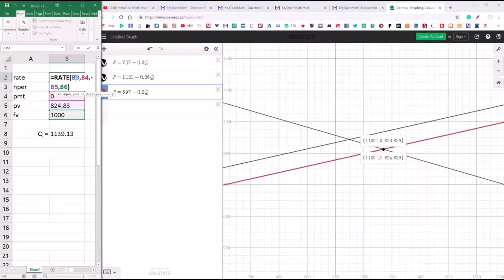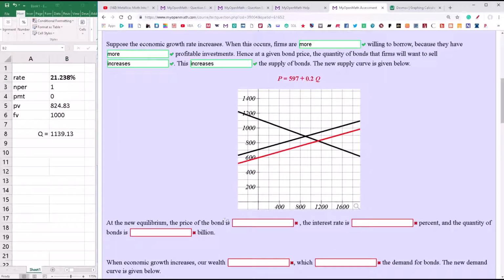Equal rate, one period bond, zero coupon payment, a negative price because we have to pay that out to get this $1,000 in the future. And the equilibrium interest rate at this point is 21.238%. So now we can enter that information in here.